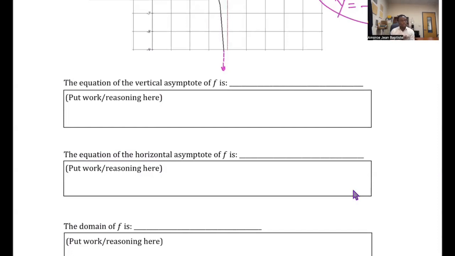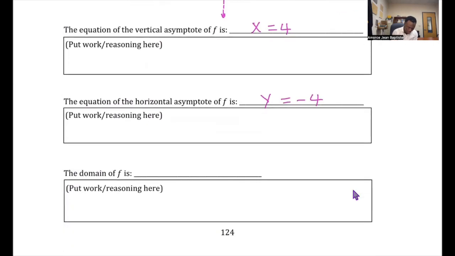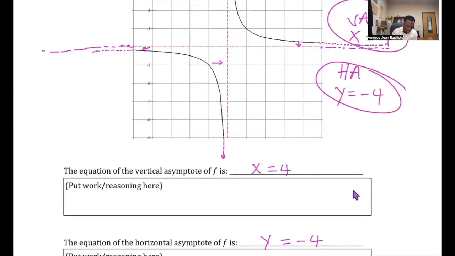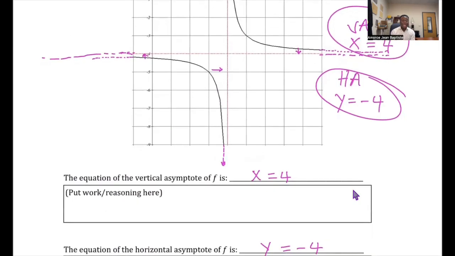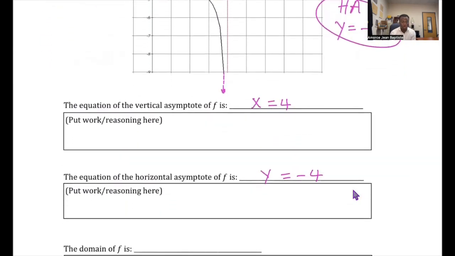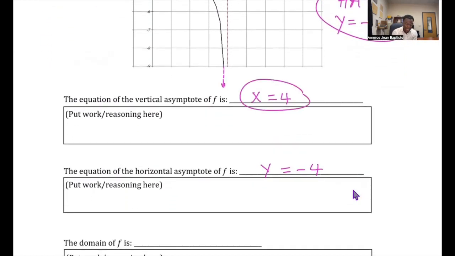So all this talking is basically to say that x equals 4 is your vertical asymptote, y equals -4 is your horizontal asymptote, and the domain will be everything except the value of x that is the vertical asymptote.